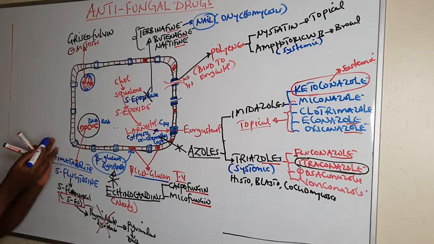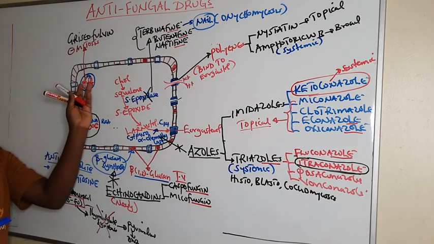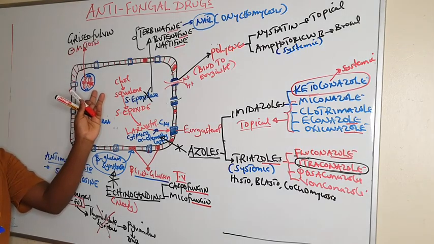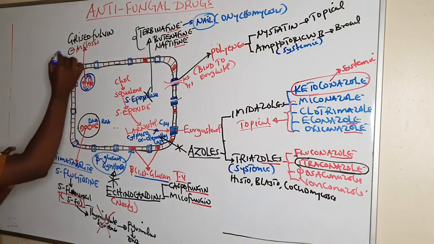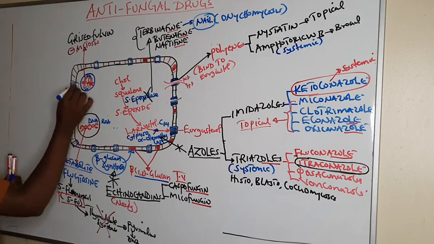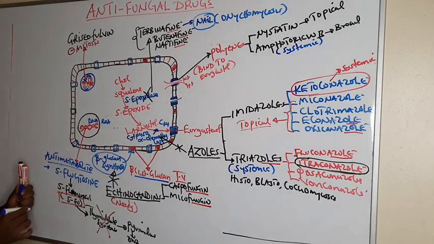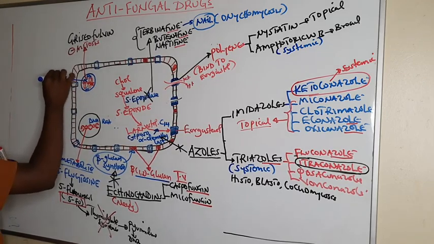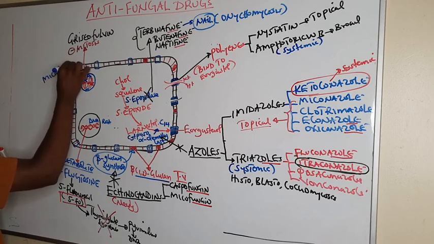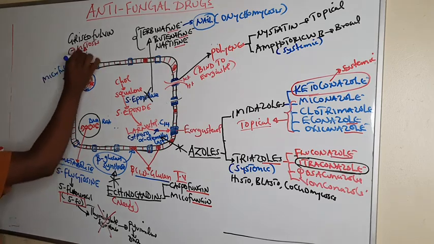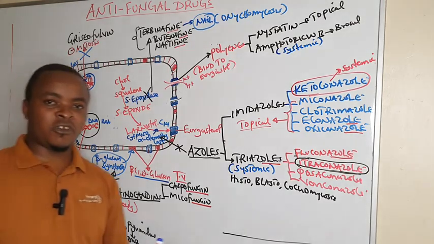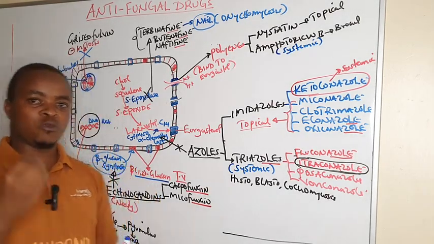During cell division, the microtubules hold the sister chromatids at the equator of the spindle. So what griseofulvin does, it comes and binds to the microtubules. And when it binds to the microtubules, it is able to prevent mitosis, which is a type of cell division, and hence the fungus cannot multiply.